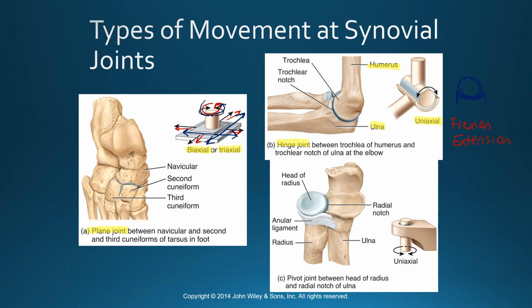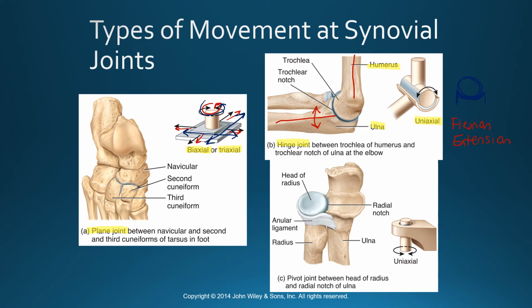This is important to remember: in most joint movements, one bone remains in a fixed position while the other bone moves around an axis. In a hinge joint, this is pretty clear, as the humerus usually stays fixed, and then the ulna moves along that joint back and forth.